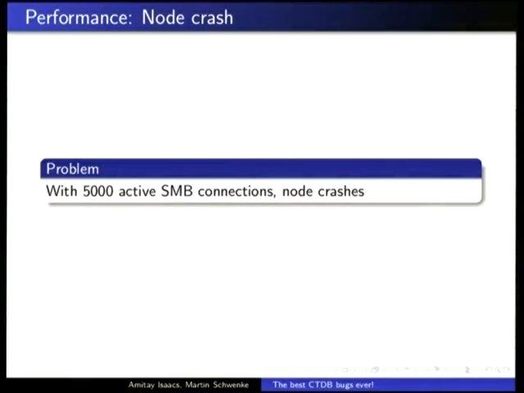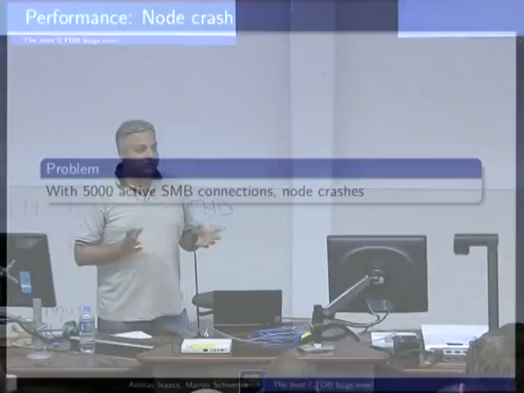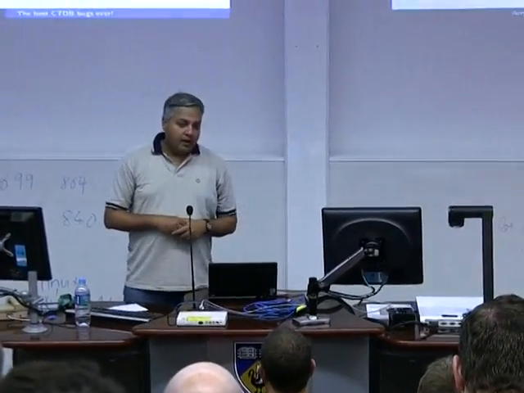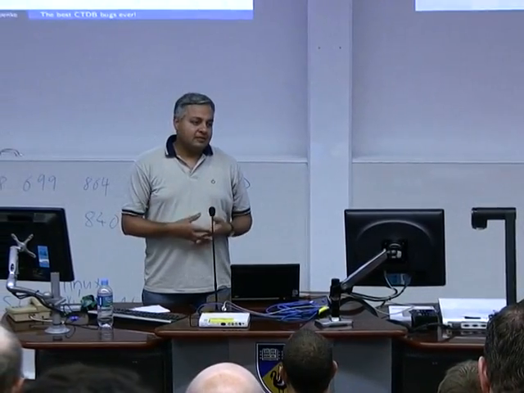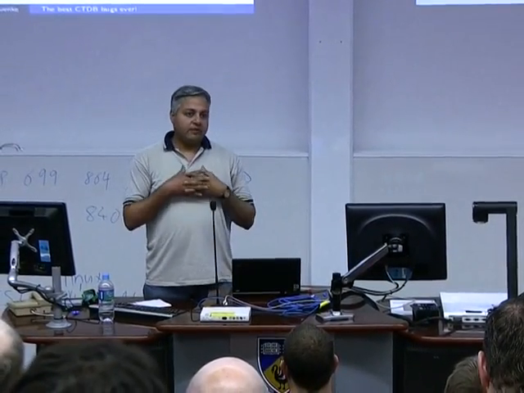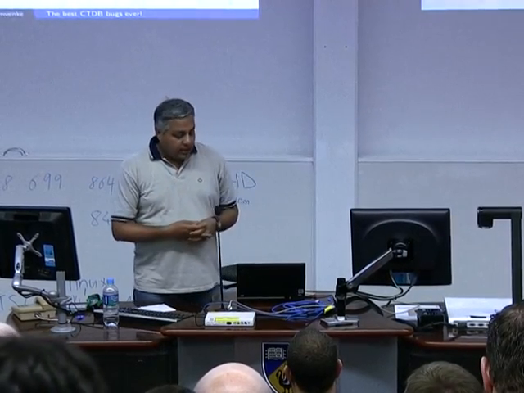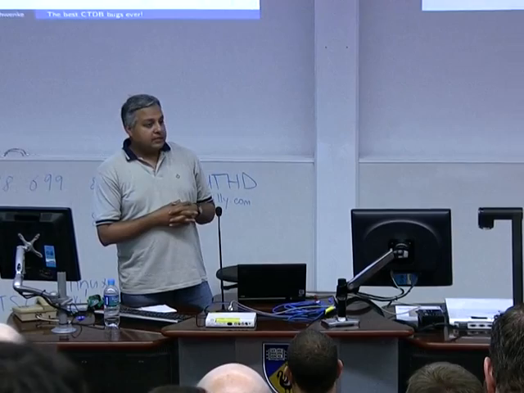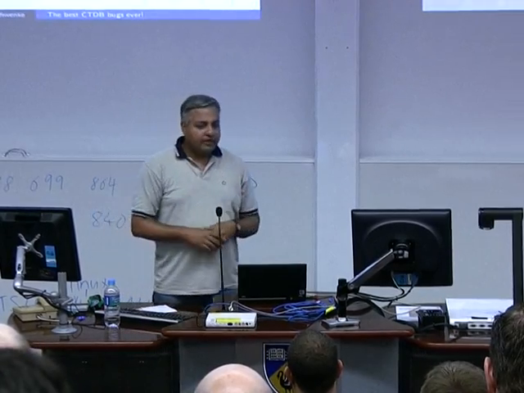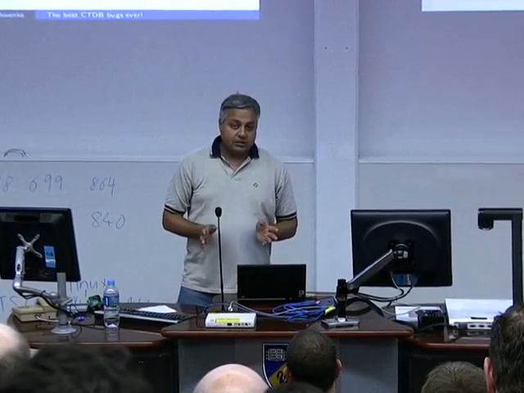So back to performance. Once we fixed some small issues like the one you saw before, we really started stress testing the box with 5,000 active SMB connections. As soon as it reached about 5,000, the node completely crashed.